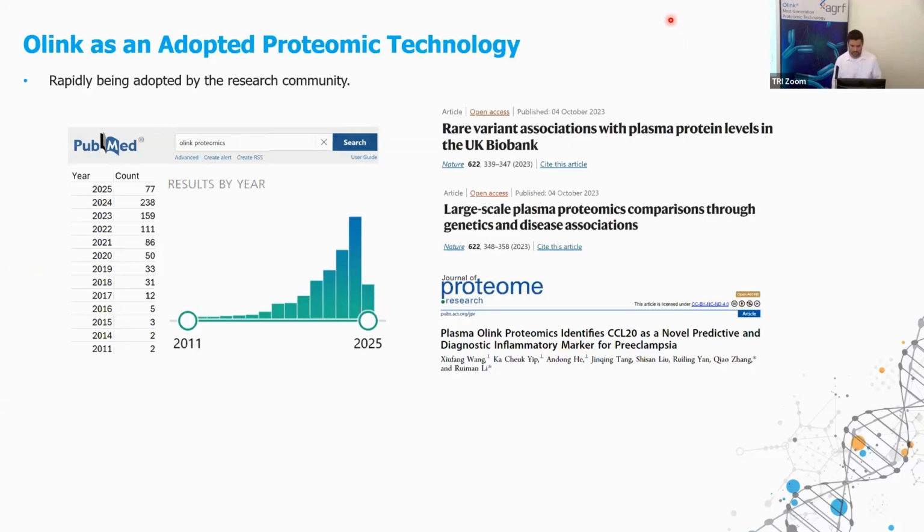It's leading to really quite high impact publications, not only in the large journals which everyone wants to get into, like Nature and Science, but also in the smaller, technically minded journals like JProRes. So I think there's a really significant interest across a very large section of the research community to pursue proteomics with Olink, and by extension, AGRF.